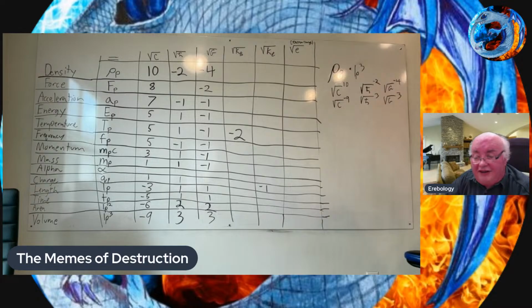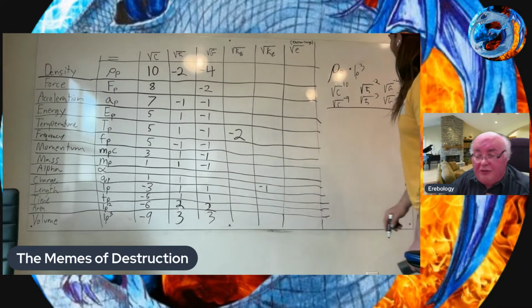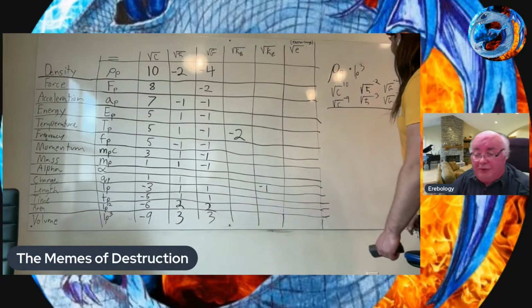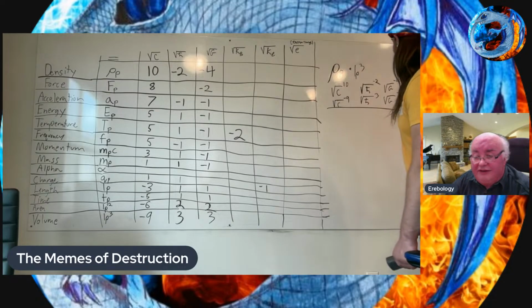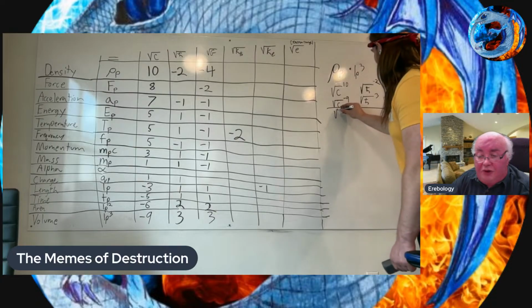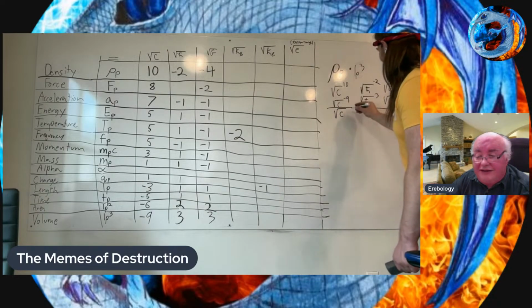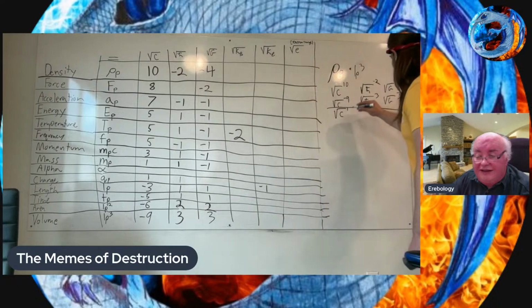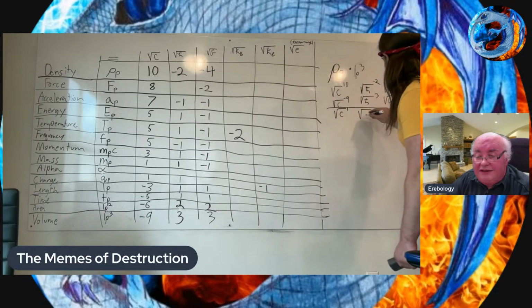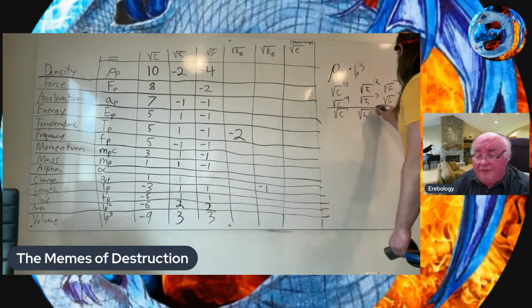Write a horizontal line underneath that. And you're going to multiply these things by adding their exponents. So you do a radical C, and then what's 10 minus 9? It's 1. Raised to the first power. We're going to do radical H. That's going to be to the first power.